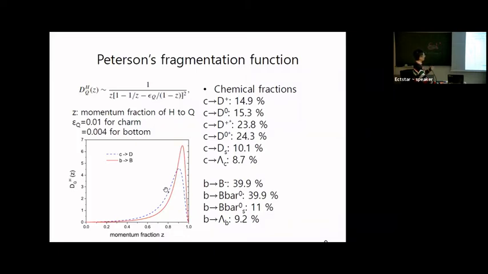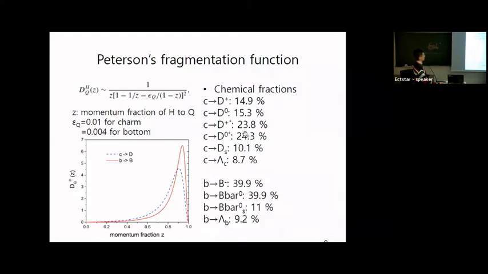Then we know the momentum of the hadronized heavy meson or heavy baryon, and we should assign species. We should decide the chemistry. A charm quark could be D plus, or D0, or D star plus, D star 0, Ds, and Lambda c, with different percentages. These percentages are universal and do not depend on any dynamics like charm momentum.